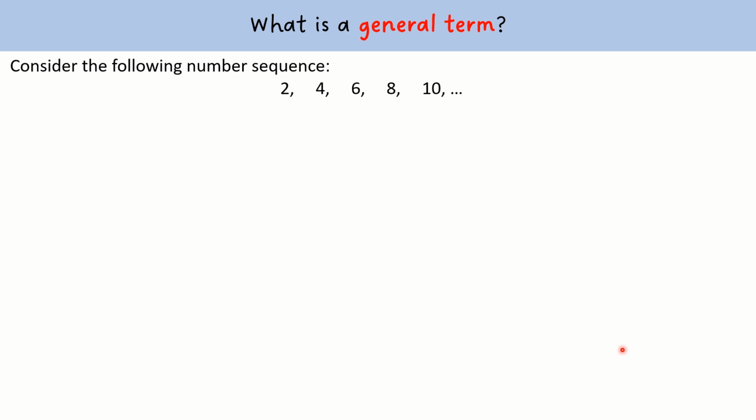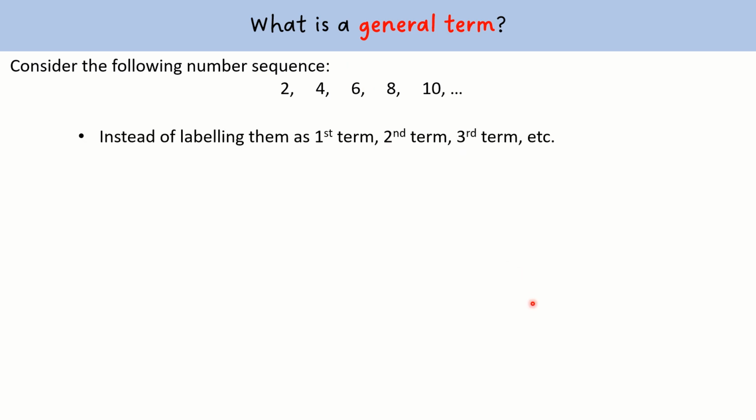Moving on, let us learn about what a general term actually refers to. Let us consider this very familiar number sequence: 2, 4, 6, 8, and 10. Earlier on, when I introduced a number sequence, I told you that number 2 will be called the first term, number 4 refers to the second term, 6 refers to the third term, and so on.